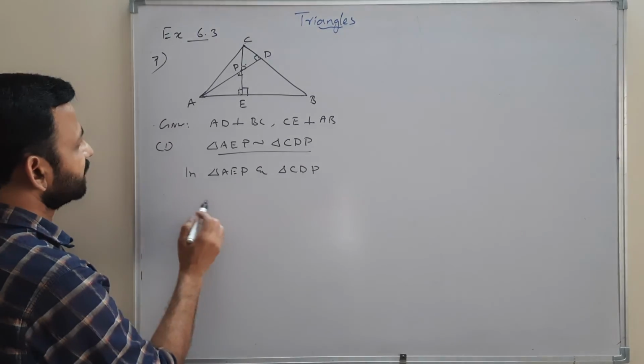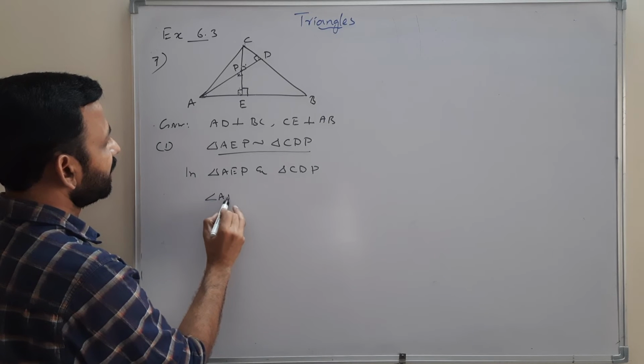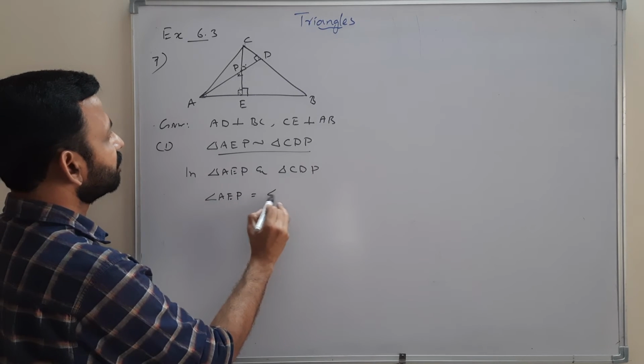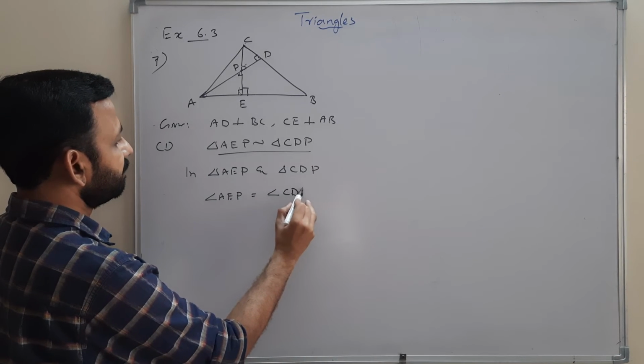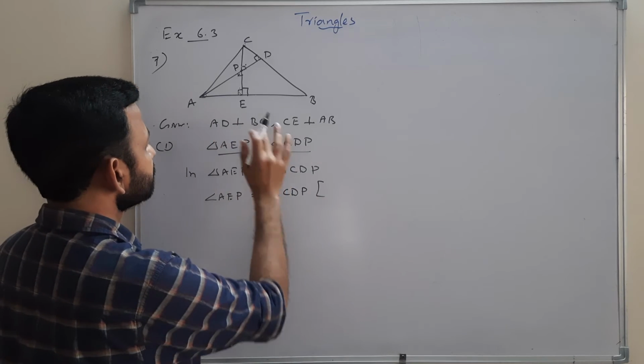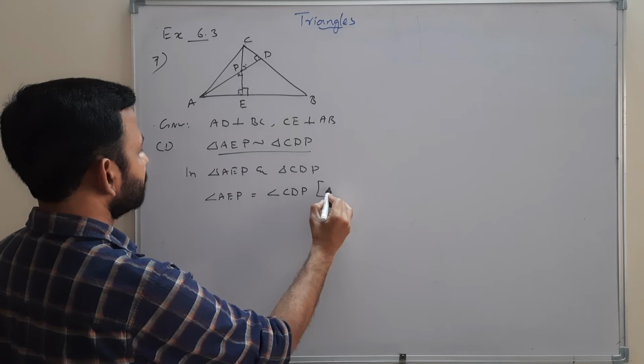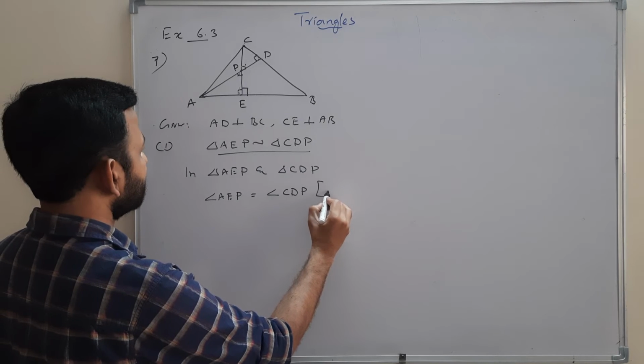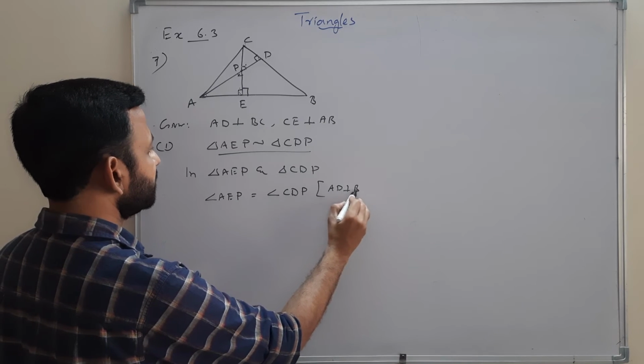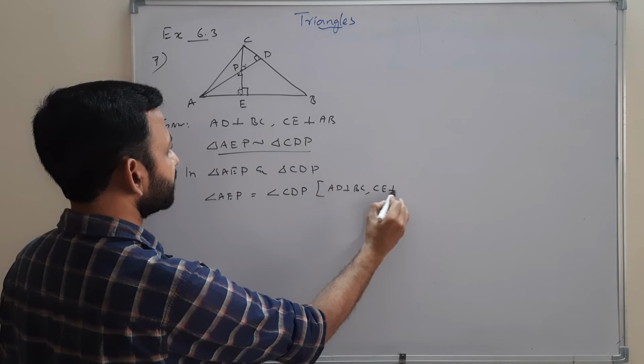So we can write: angle AEP equal to angle CDP. Reason: given AD perpendicular to BC and CE perpendicular to AB.